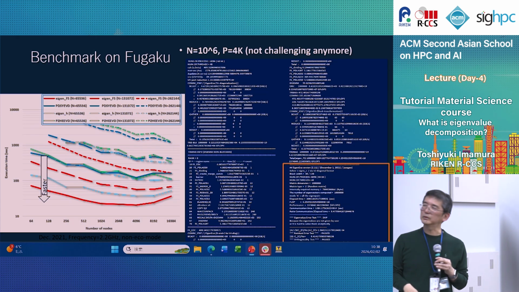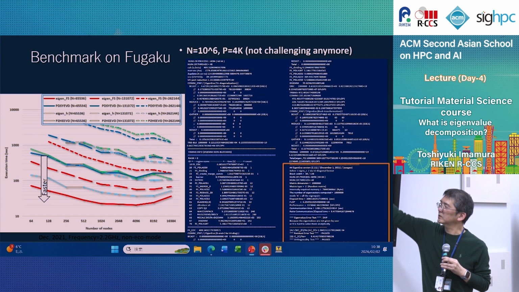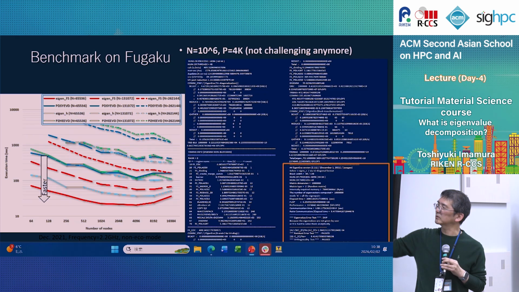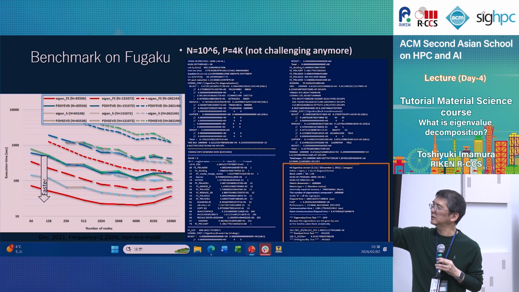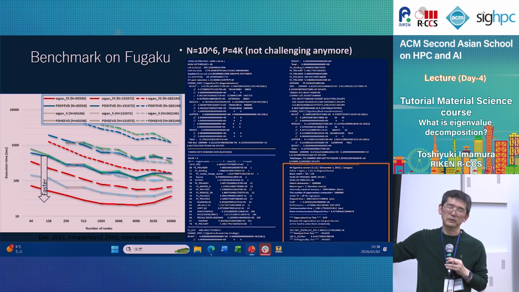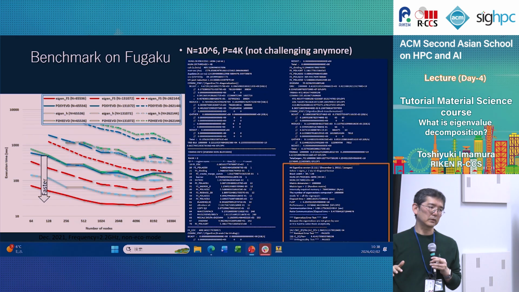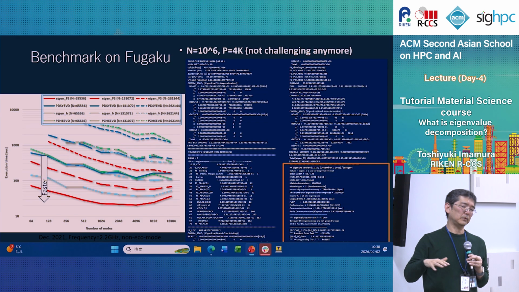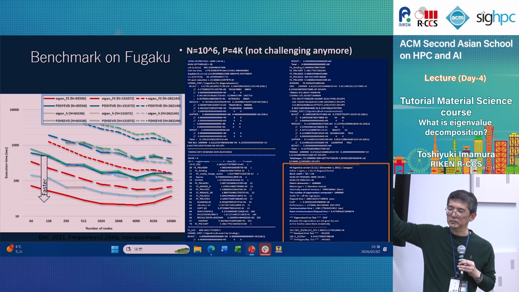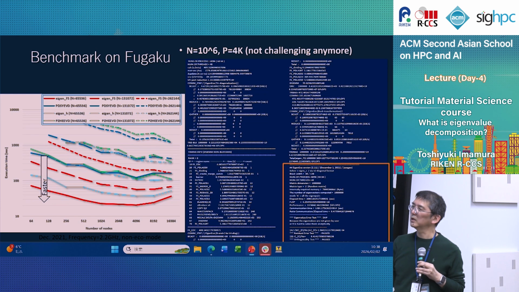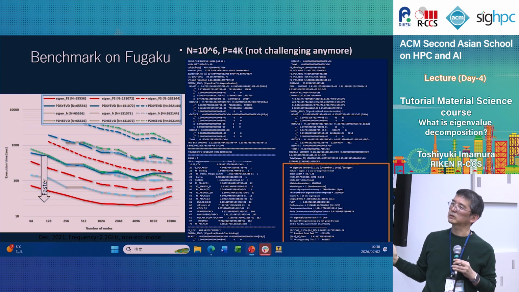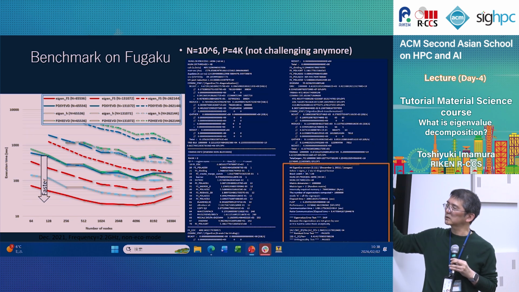This is also a reasonable result because we had 30 petaflops in this benchmark. It is almost 10% or 50% of the theoretical peak performance of the Fugaku.